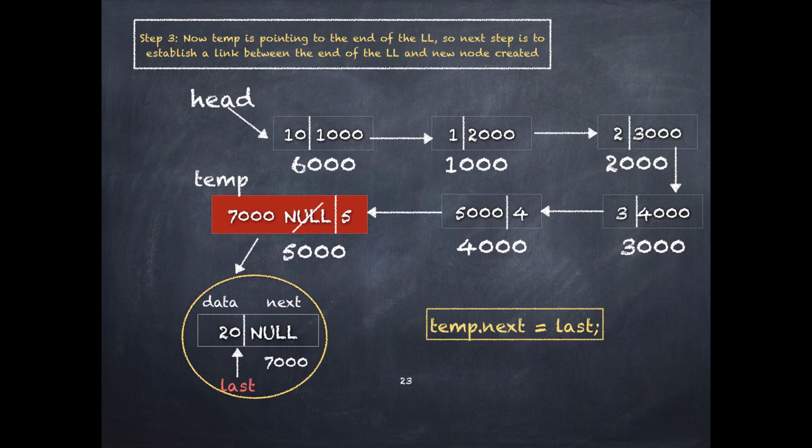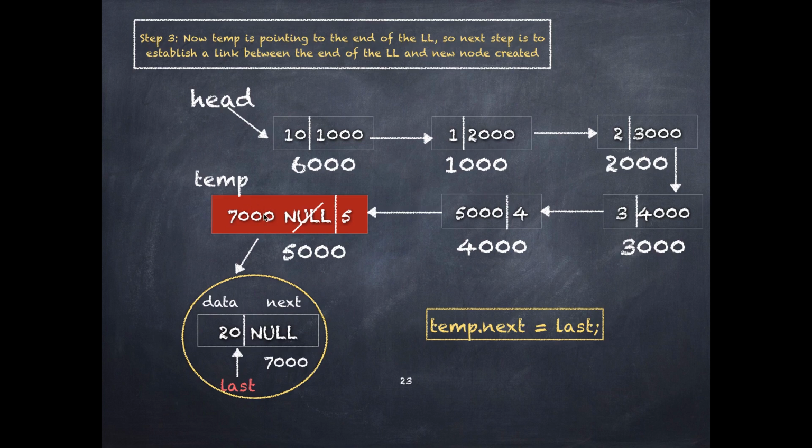Now what we have to do, we have this already newly created node available here. The name of the node is last, the data value is 20, the address is 7000. Now we have to include a step which reassigns the pointer of this temp to point to the new node, right? So what is the step you can do?